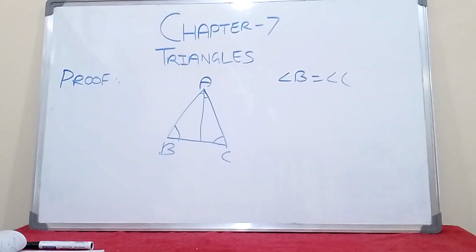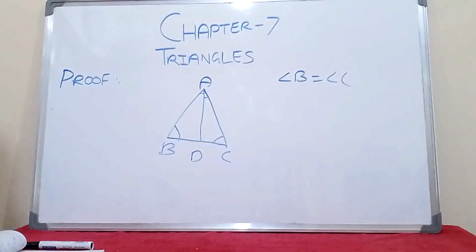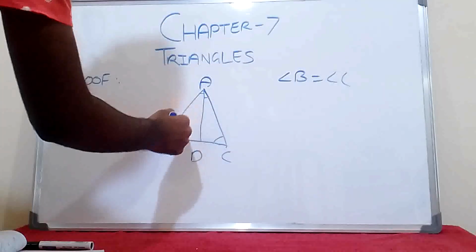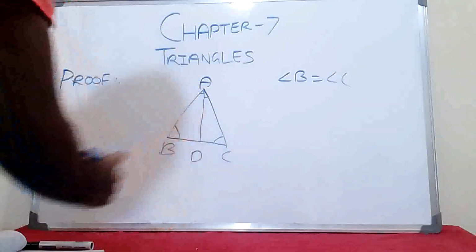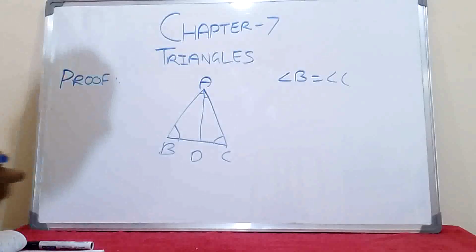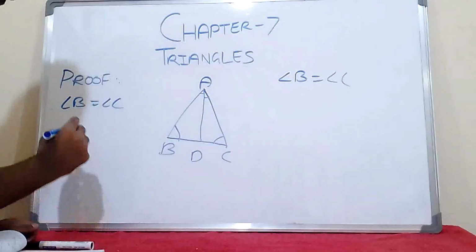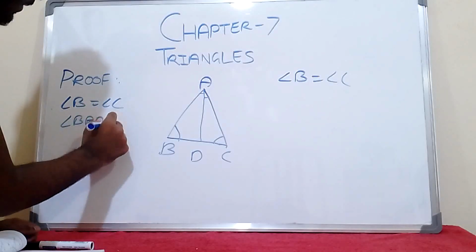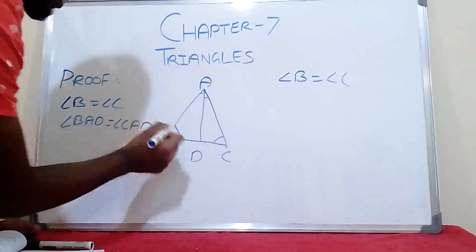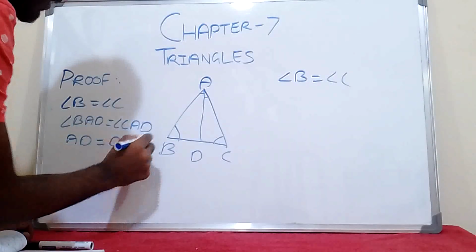So angle BAD is equal to angle CAD, and we can prove this using AAS. So this angle, and AD is common. So we can prove that these two triangles are congruent using AAS. Angle B is equal to angle C given to us, angle BAD is equal to angle CAD using the construction we had done, and AD is equal to AD because it is common.